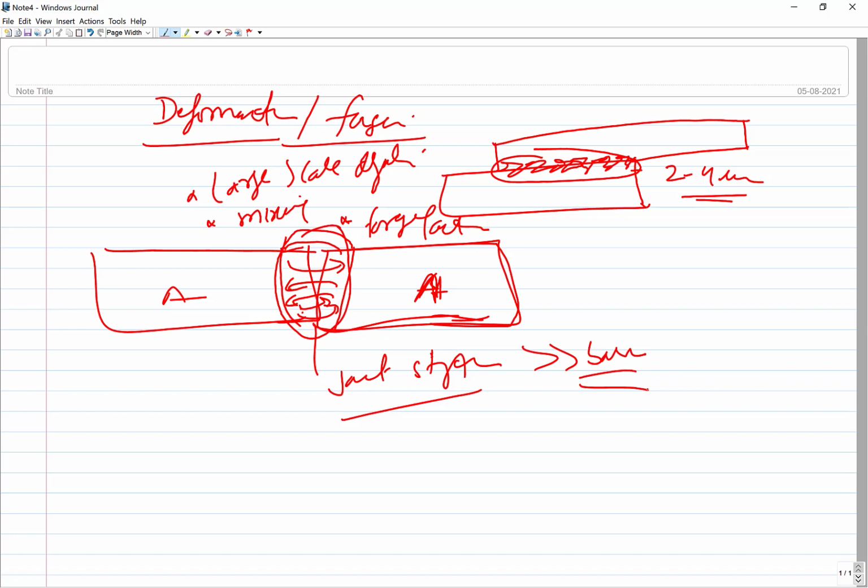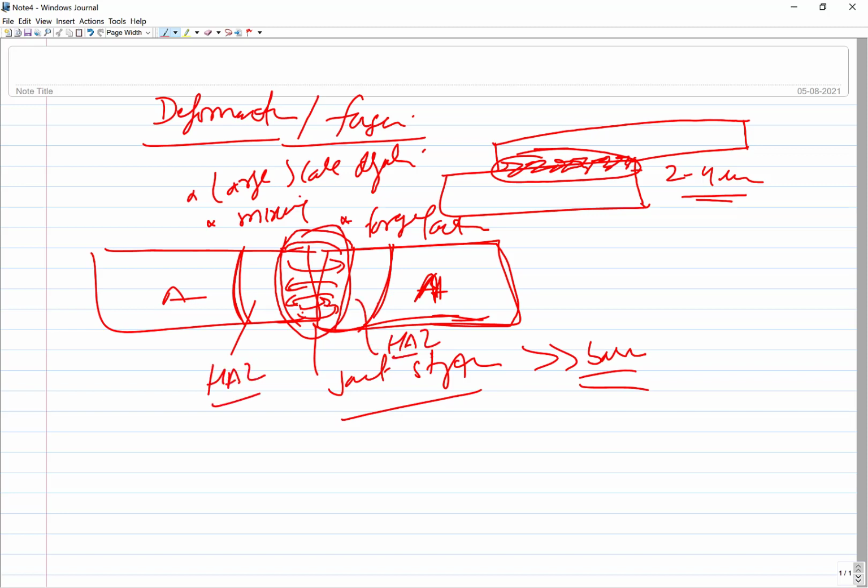Let us talk about the deformation. Whenever the deformation is very limited, then heat generation will also be limited, due to the deformation or the friction. But whenever the deformation is of large scale, very large in magnitude, then more heat will also be generated. That heat will lead to changes in the properties of the base metal in the neighboring zone, leading to the formation of the heat affected zone.